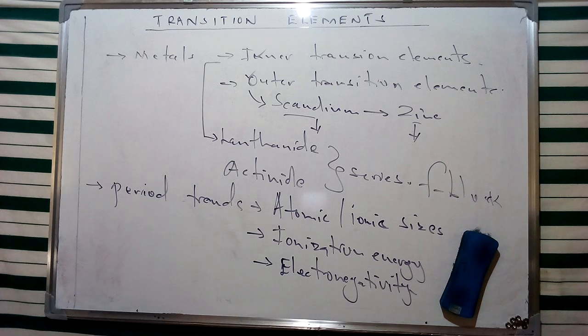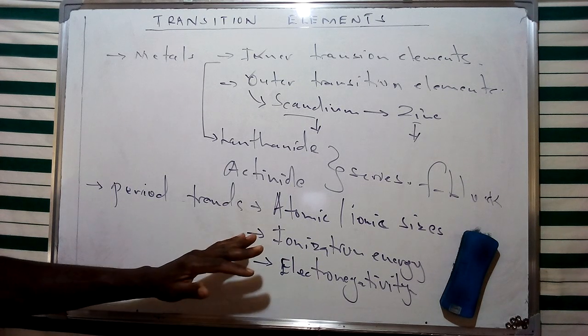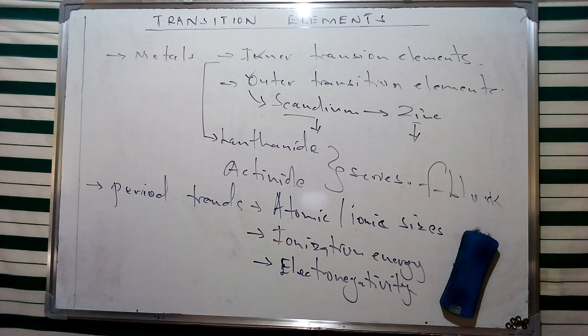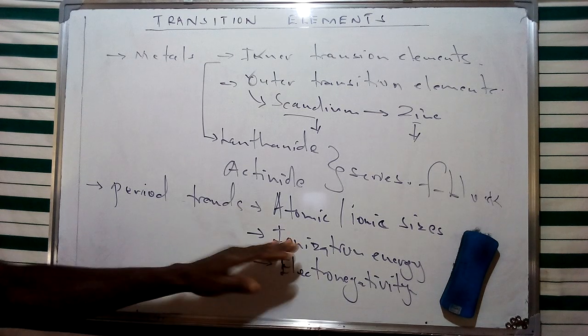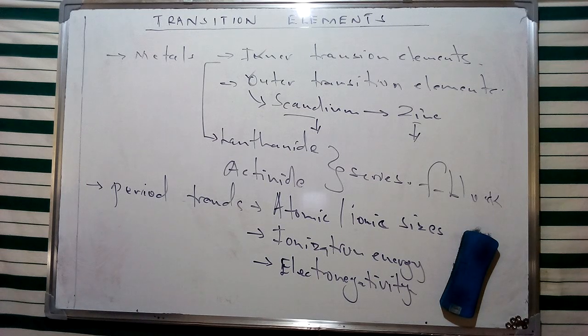The ionization energy is the amount of energy needed to remove or lose an electron from the outermost energy level, and we're going to witness various trends in these families of transition elements. Electronegativity is the tendency of an atom to attract electrons, and this excludes the noble gases listed in the last column of the periodic table.